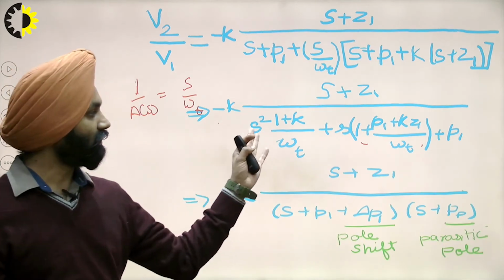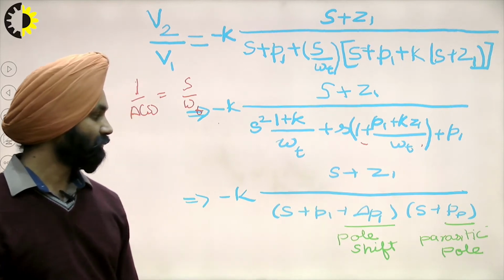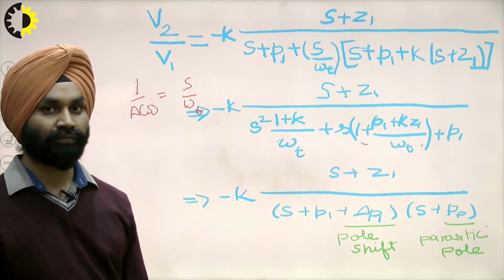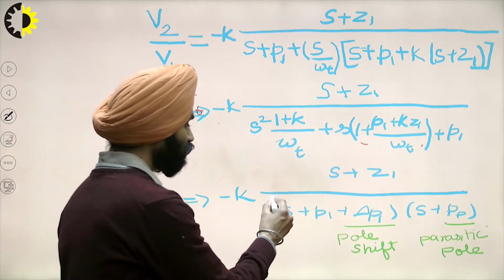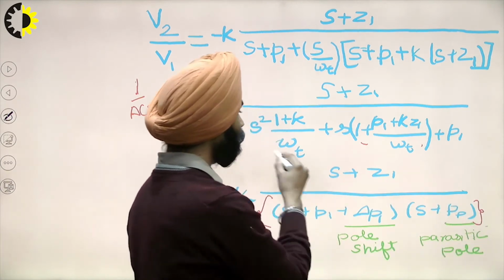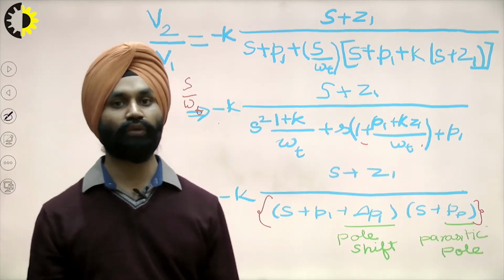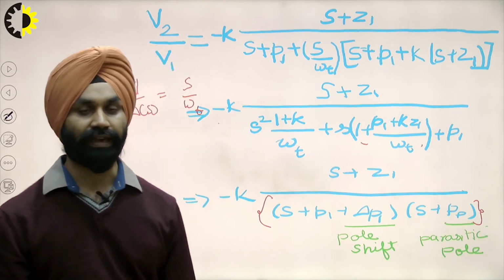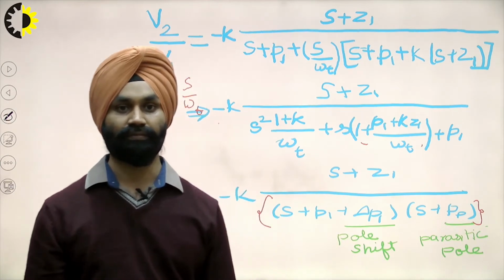After again solving this equation, we will get s plus Z1 plus this whole equation. We can assume that this is a second order equation, so it will have two solutions, and it can be written as s plus one solution times s plus another solution.